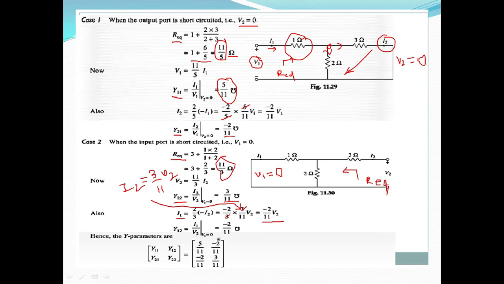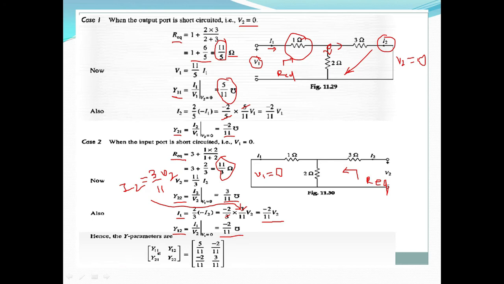Therefore the last parameter we find is Y12 equal to minus 2 upon 11 mho.